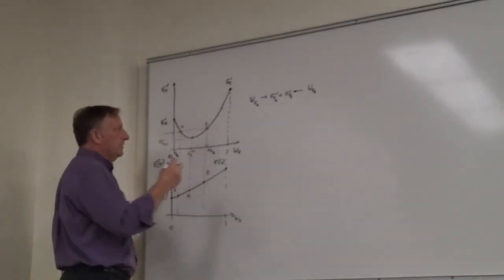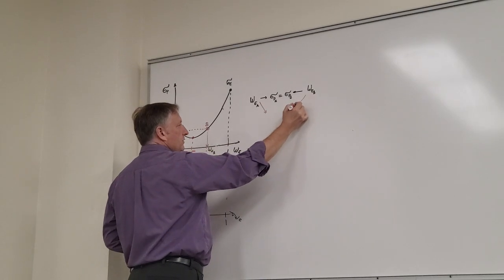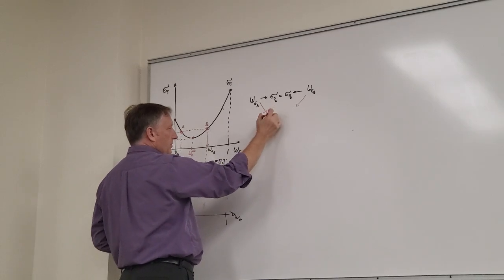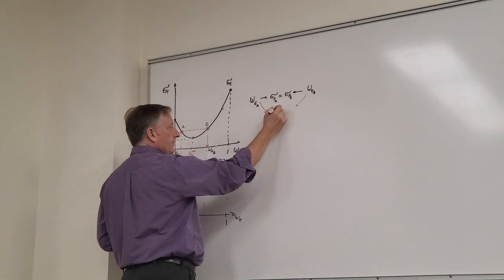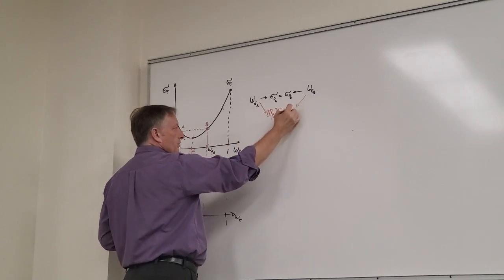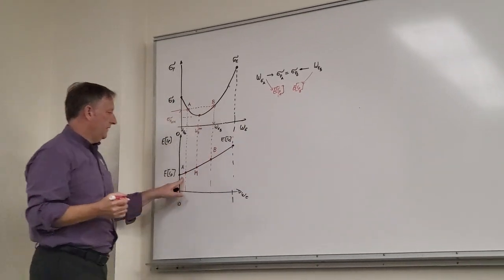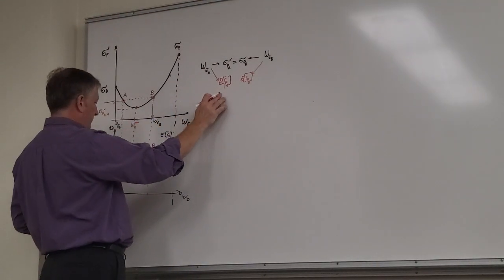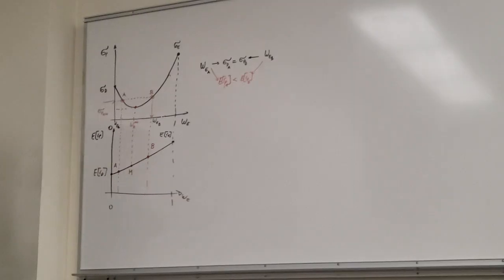But what about these in terms of returns? Well, the expected return of the portfolio at A, the expected return of the portfolio at B, they're different. In fact, the expected return at A is less than this one over here.